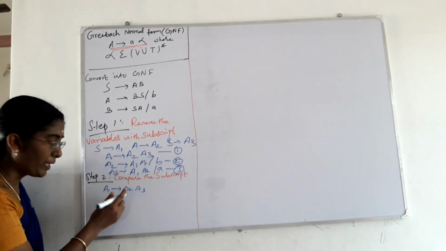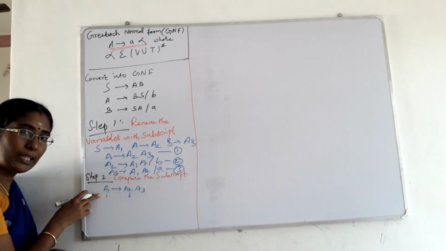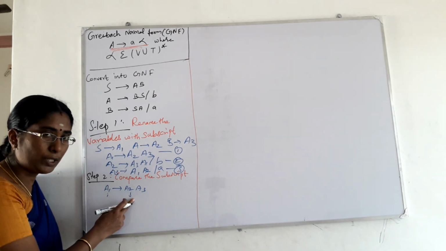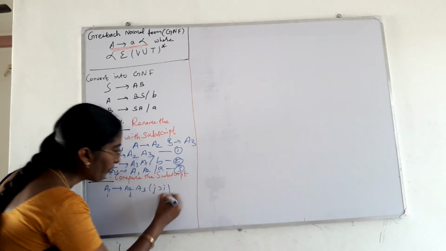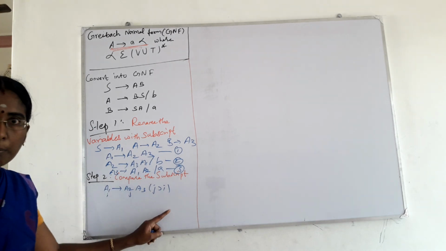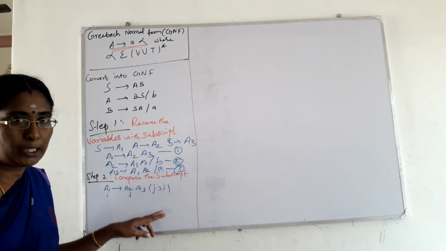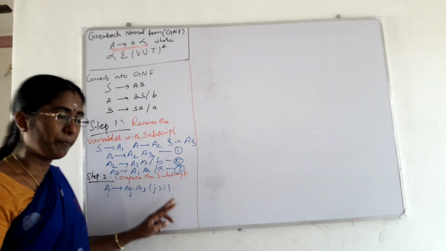Consider the subscript on the left hand side as i and the first variable on the right hand side as j. Here j is greater than i. If j is greater than i, this is an accepted form. There is no need to change anything. So no problem with the first production.